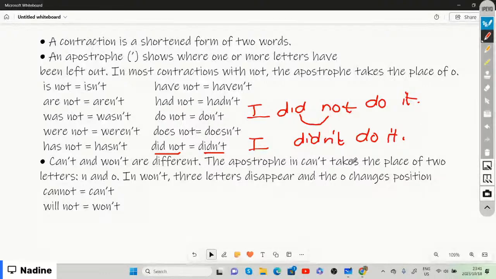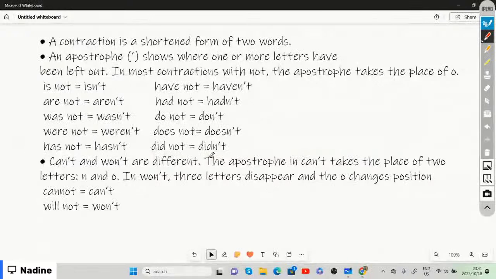That is correct. So also when it comes to contractions, we have can't and we have won't, right? And can't and won't are different. Sometimes even though we think that can't and won't are the same, they are not the same. They are different.